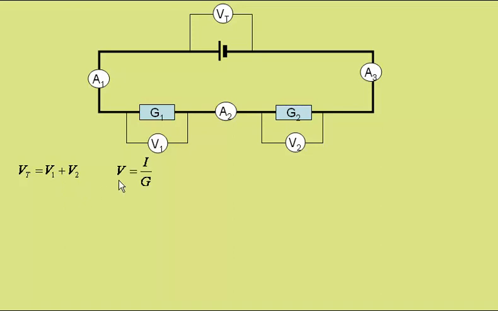But V is equal to current over conductance. And so I can substitute for V in these terms to get that the total current over the total conductance is equal to the current through conductor 1 divided by the conductance of conductor 1 plus the current through conductor 2 divided by the conductance of conductor 2.